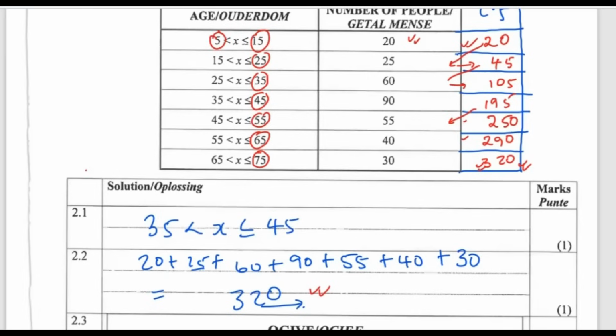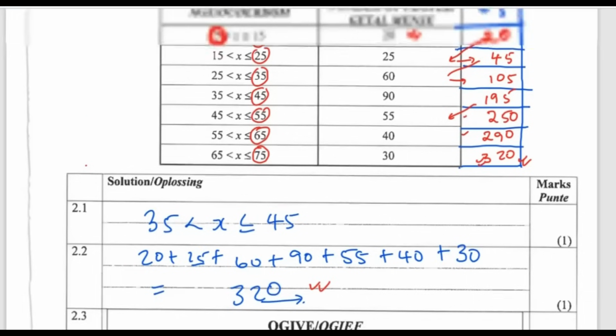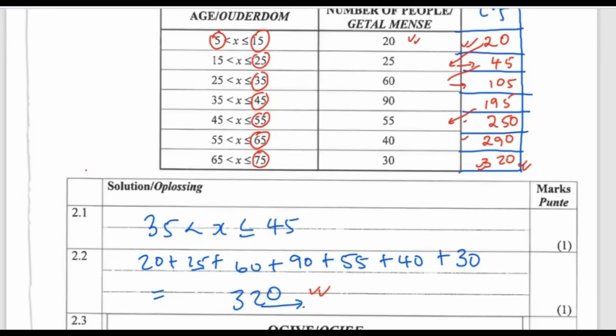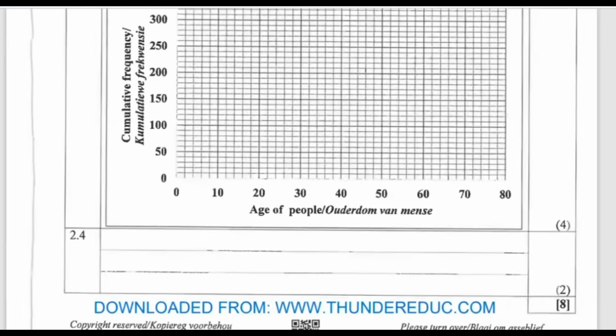Remember we said we have 20, 45, 105. So we know that the first one is 15, that goes with 20. 15 is between 10 and 20, which is halfway. 15 goes with 20.